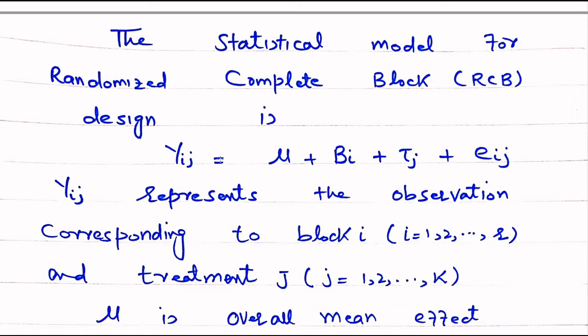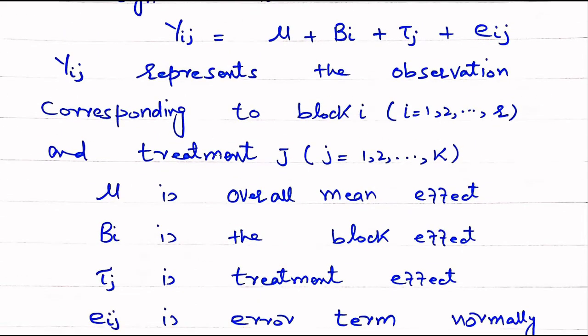Yij is the observation corresponding to block i, where i varies from 1 to R, and treatment j, where j varies from 1 to K. Mu is the overall mean effect, Bi is the block effect, Tj is the treatment effect, and Eij is the random error, which is normally distributed with mean 0 and variance sigma square.